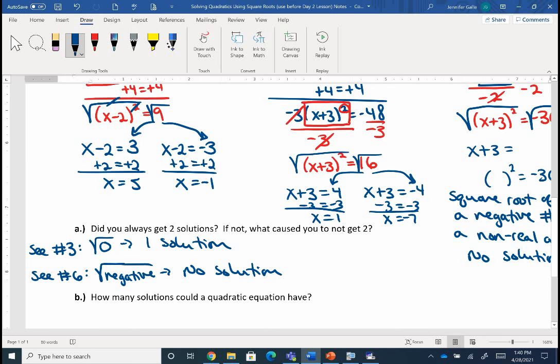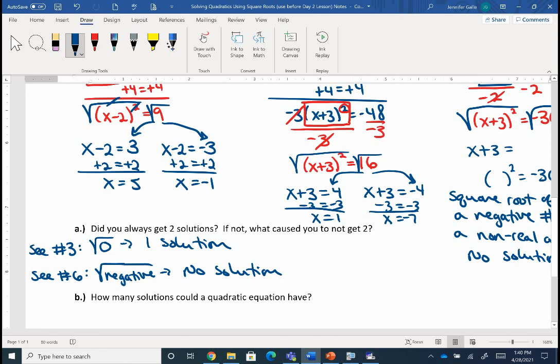Otherwise, if you're solving using square roots, you will get two solutions. So the only things that could possibly give us less than 2 would be those that involve the square root of 0 and the ones that involve the square root of a negative. Those are the only ones you won't get 2 for. Otherwise, you should have 2 every single time.